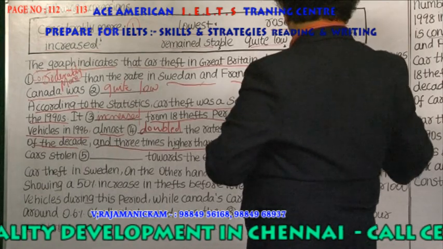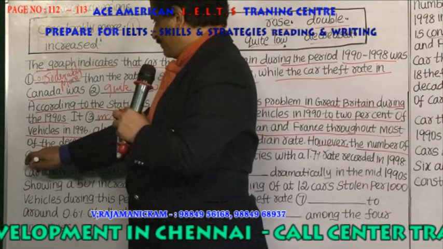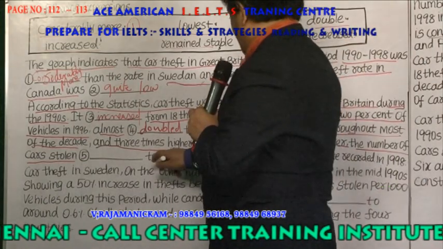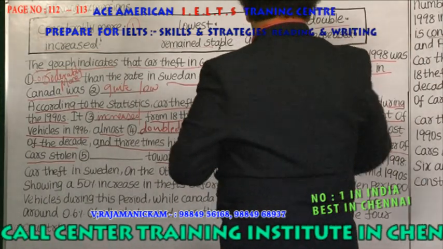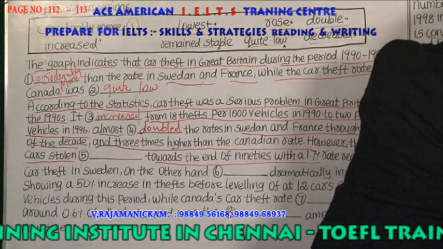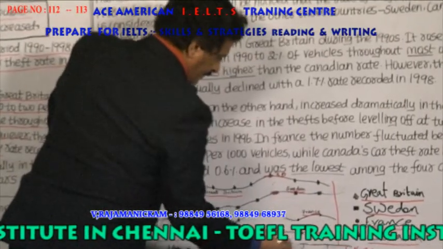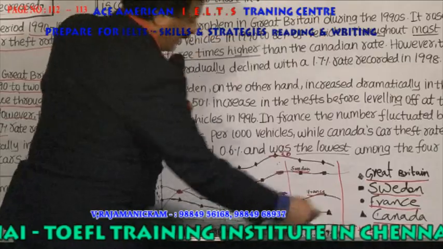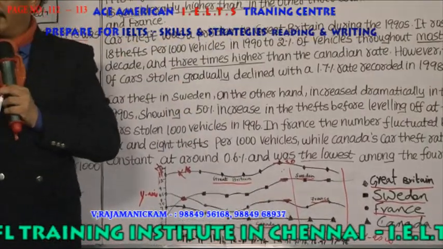However, the number of cars stolen towards the end of 90s with this 1.7% rate. See, end of 90s is, this is the period. This is the period of end of 90s. So almost everything are stable. Same number of theft. Have you seen that?